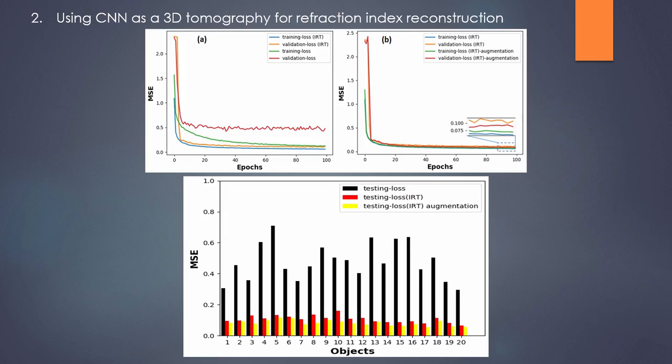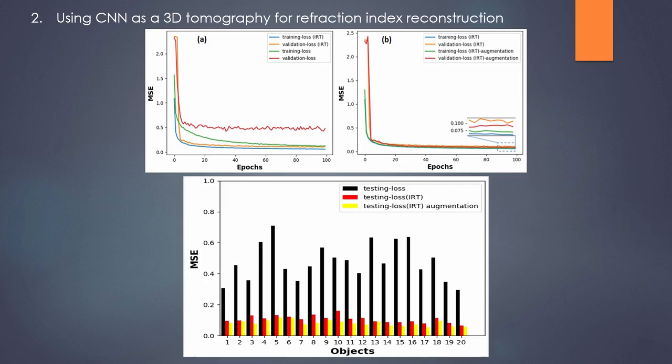If not, the training is still okay, but the validation is not really okay. And here I use the inverse Radon transform with and without augmentation to create more data. The augmentation is to rotate and change the angle of the volume to create more general features for training. It's not really huge, but it is a little bit improved.